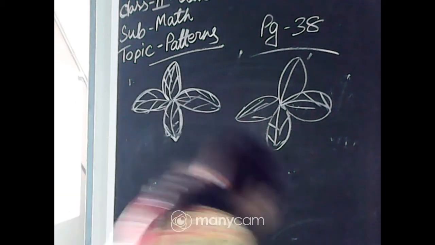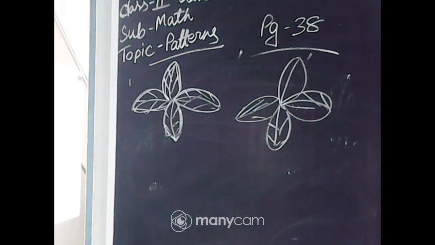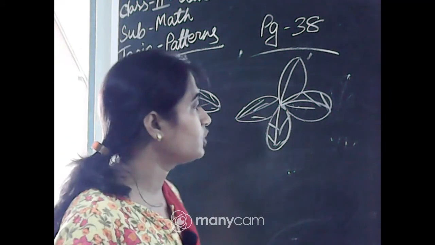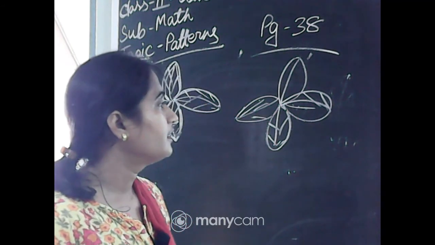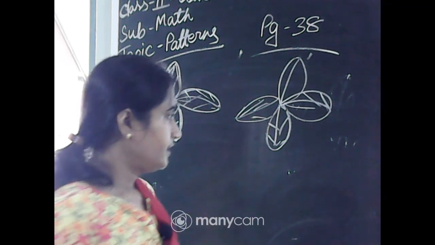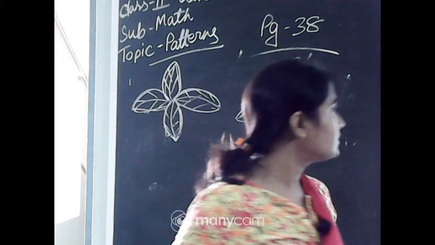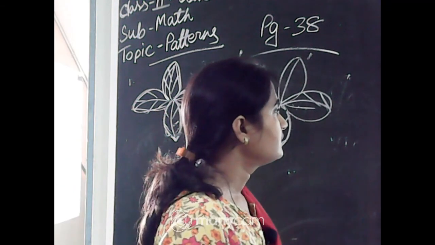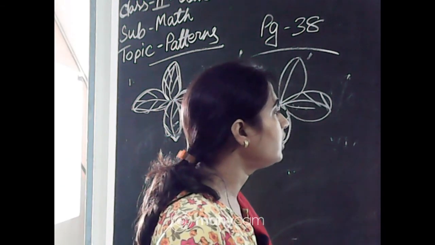Okay. Next, please all of you take out your math notebook. Deboshmita, why, beta, we cannot see? Others can see me, beta. Please reply. Others can follow me or not?